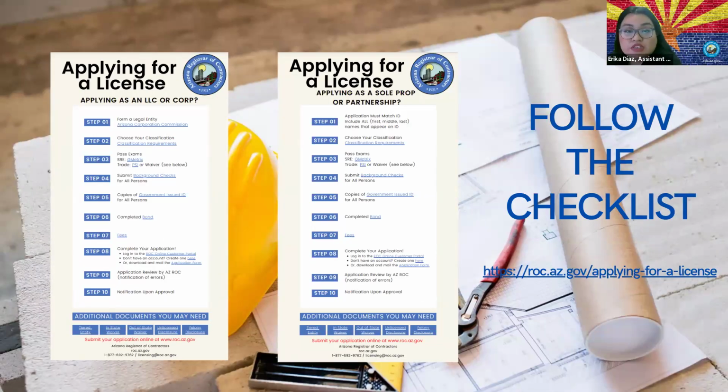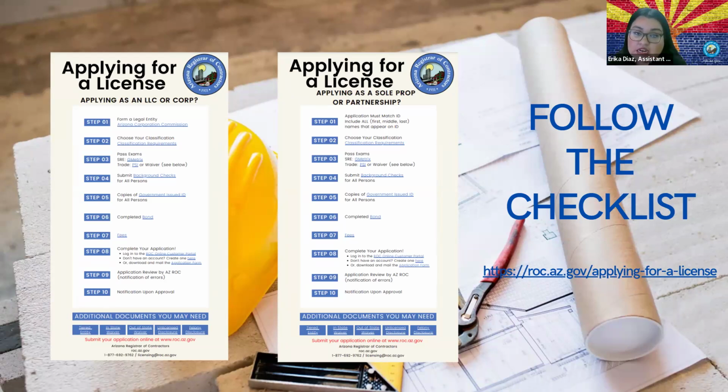Okay, so everyone should have received this checklist either through the email from the meeting, or also it's on our website. This is the best tool to use when it comes to following the process to applying for a license. We have outlined it to give you a great flow on how to complete the portion with minimal deficiencies.